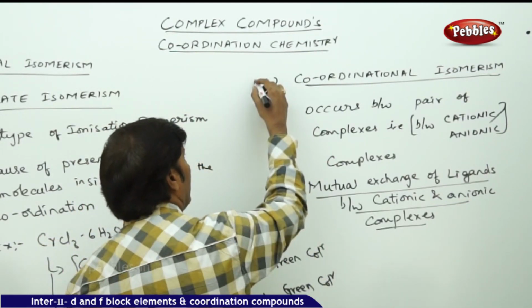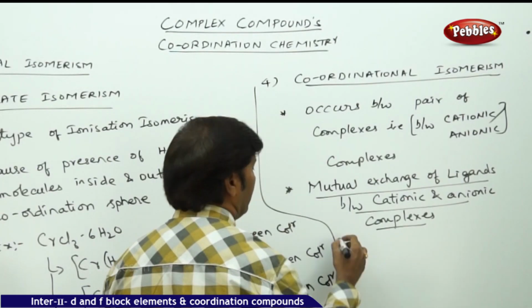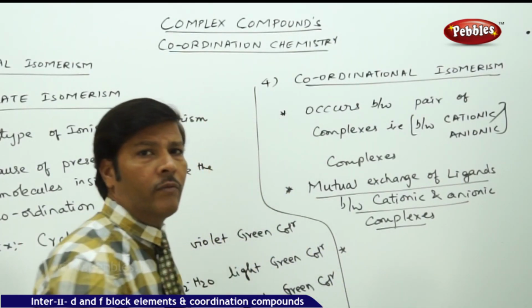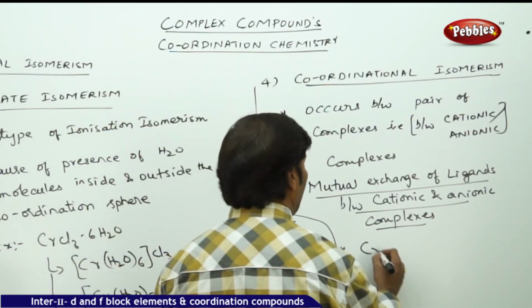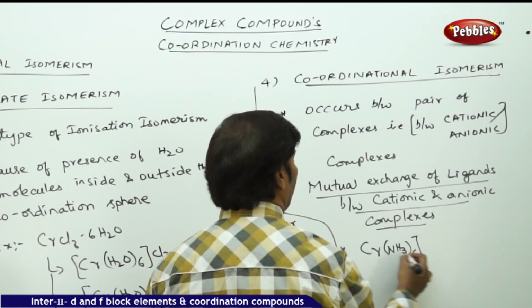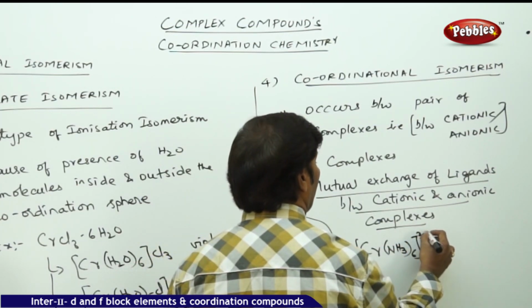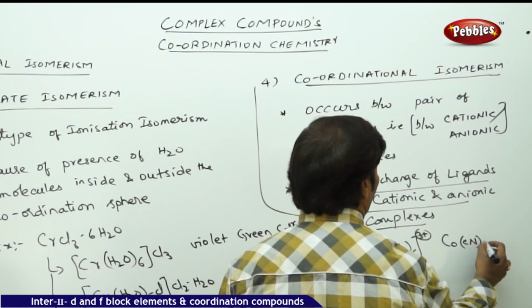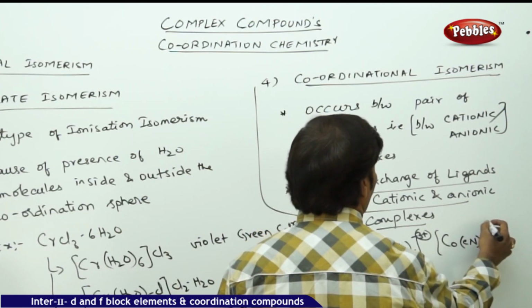One thing we need to understand here is that you can select any coordinational isomerism. For example, if I am taking chromium of NH3 taken 6 times, 3 plus, and here I am going to take cobalt of cyanide taken 6 times, 3 minus.